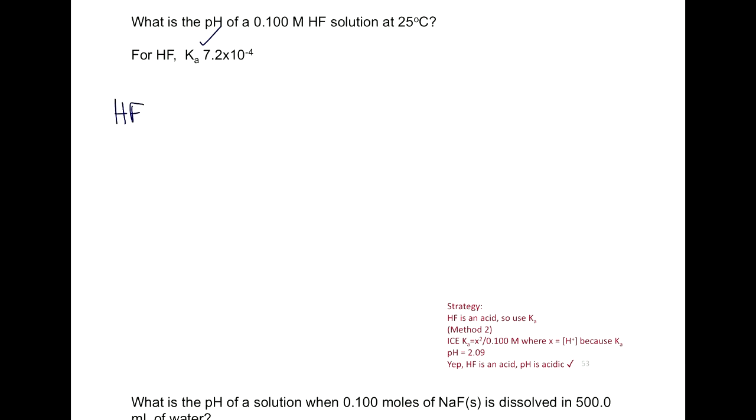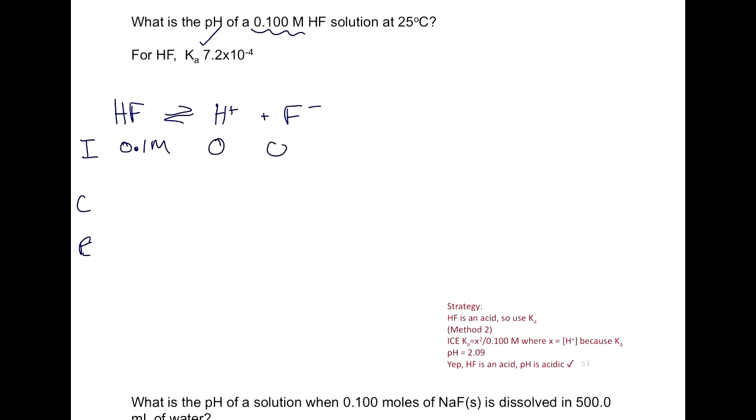Ka, A stands for acid, so HF acting as an acid pops off, donates an H plus, leaves an F minus. We put our ice in here, 0.1 molarity HF, that's the concentration on the bottle. That is the initial concentration of HF. We have 0 of the other stuff.